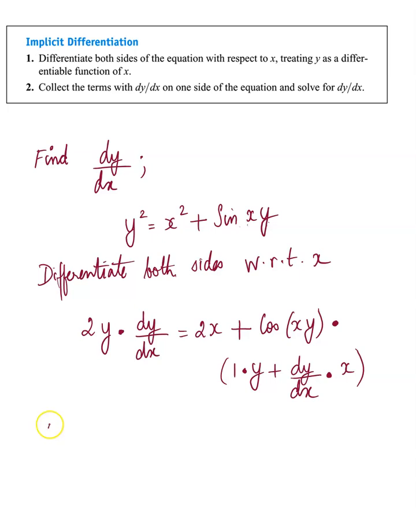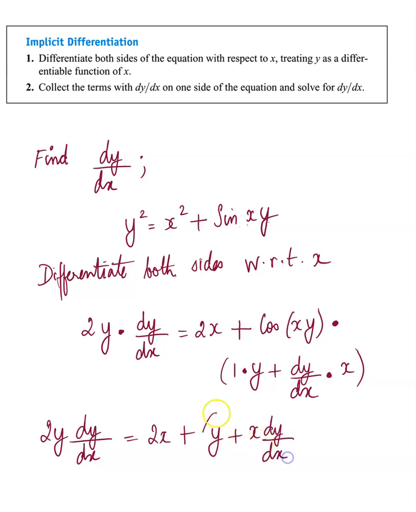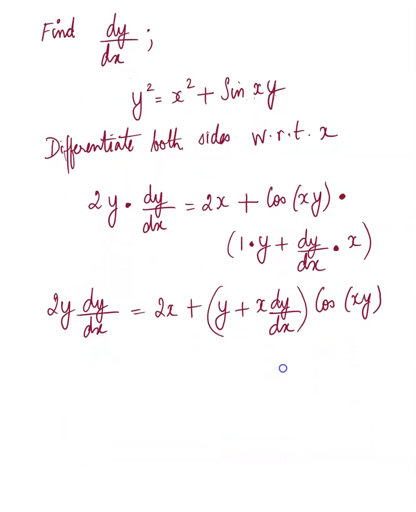Let me put them all together. 2y dy over dx equals 2x plus, I'm going to throw this in the front, okay? Y plus x dy over dx times cosine xy. Please put all the parentheses around them so you can be very clear there.